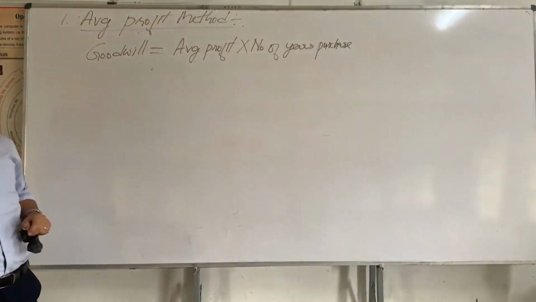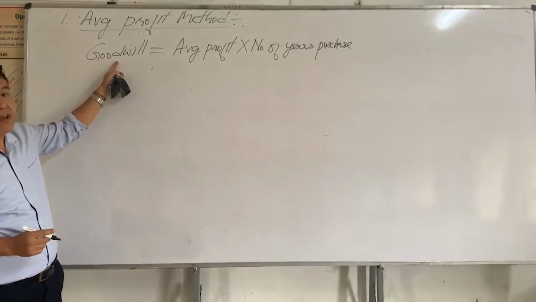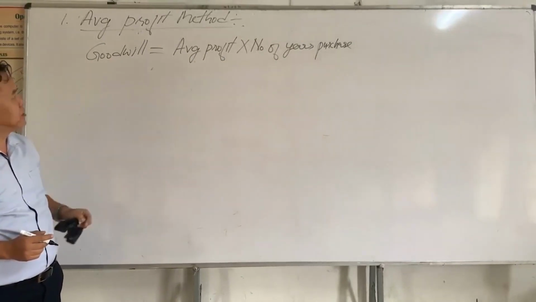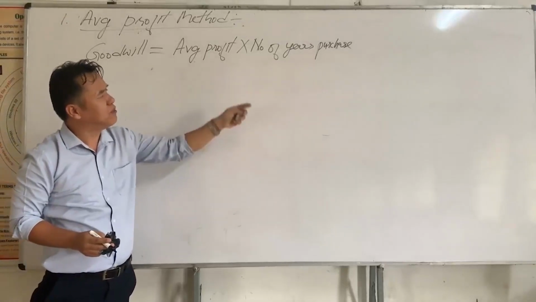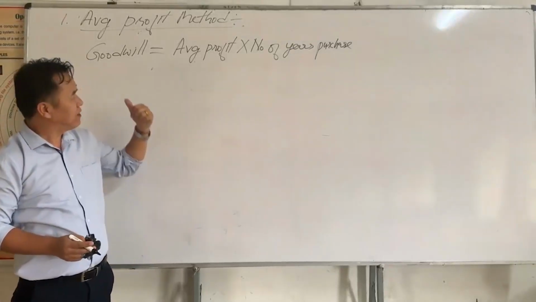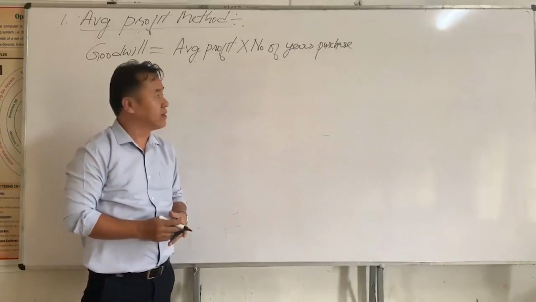Here goodwill means the goodwill of the firm, or the firm's goodwill. Now what are average profit and number of years purchase? That we will discuss one by one.